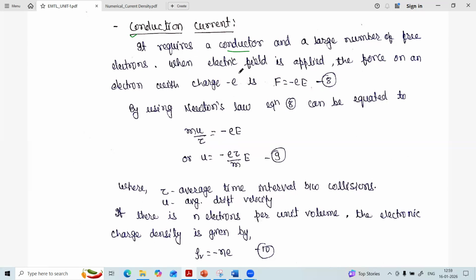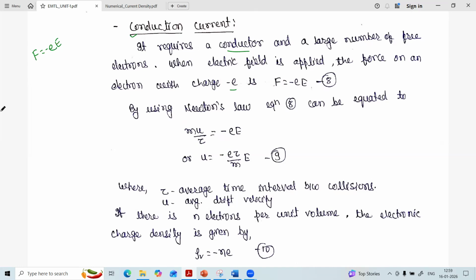So when an electric field is applied, the force on an electron with charge minus e will be experienced, as you know from the olden days, F equals minus e into E. This capital E is the electric field. By using Newton's law, the rate of change of momentum will be the same as the force applied.